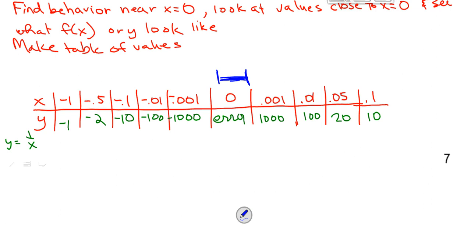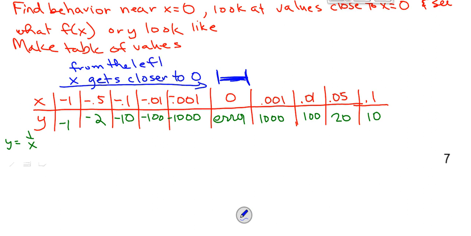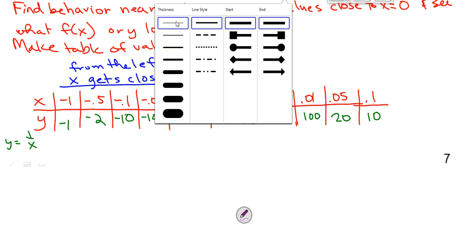And so as I look along this table, my x values, x gets closer to 0, from the left. And as that's happening, I want to look at what's happening to my y values in that same place.